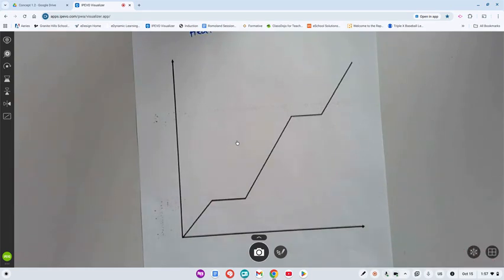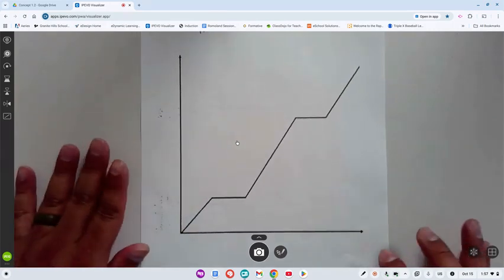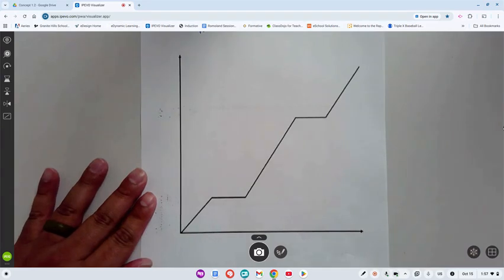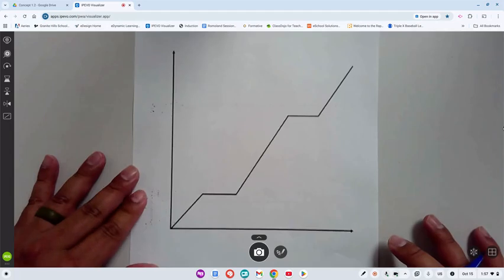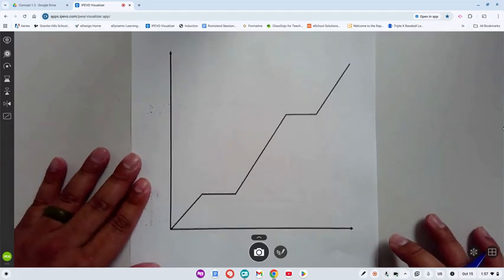The graph I'm going to show you right now is an example of water. But every substance has a unique heat curve or a unique cooling curve. But again, we're going to use water for an example. So for these curves, we have to understand what our x-axis is and what our y-axis is.